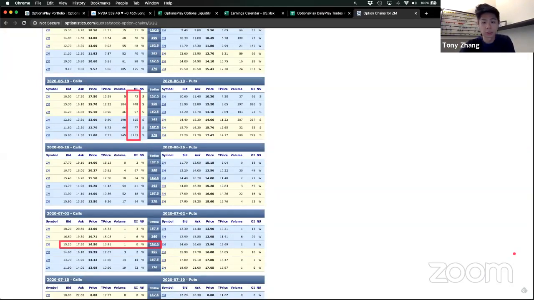The answer is you place the trade the exact same way as you would any option that has a high amount of open interest, because the only thing that matters is whether Zoom stock is liquid or not. It has nothing to do with open interest. Open interest has nothing to do with whether you're going to be able to get in and out of this trade. So I want to reiterate, in the world of electronic market making, they have now listed thousands and thousands more strikes than they used to, because market makers are no longer holding a piece of paper and making markets manually.